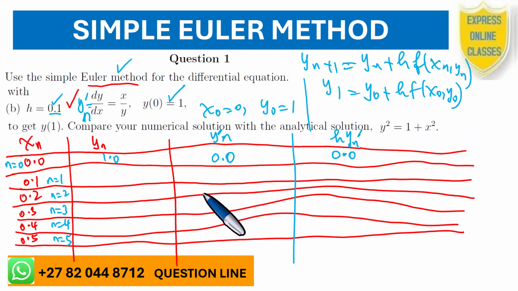You can write it as yn plus 1 is yn plus h times yn prime.